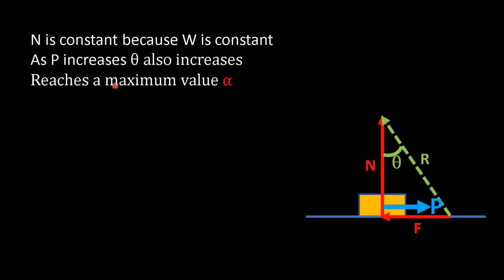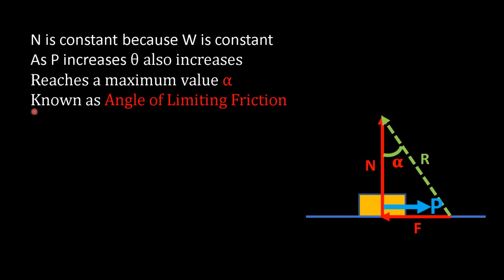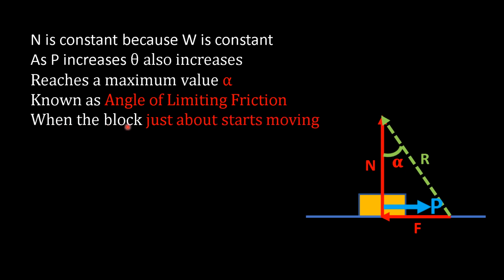It reaches a maximum value α. Here θ becomes α. α is known as the angle of limiting friction, when the block is just about to start moving.